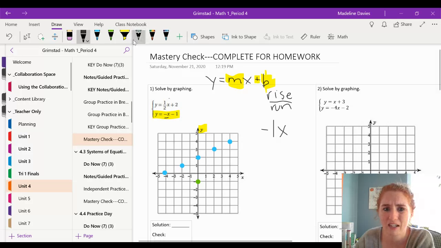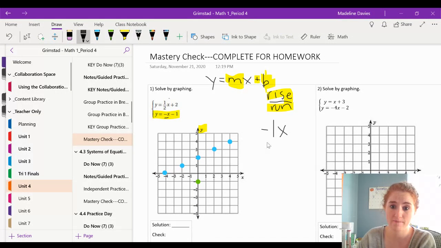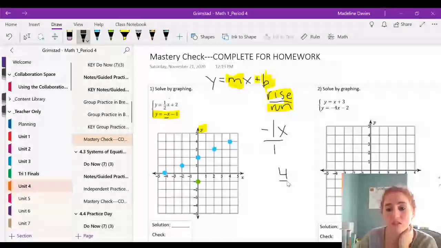But we still have an issue because I need rise over run, and right now I only have one number, -1. To make any number a fraction, you just divide it by 1. So if I had the number 4, I would just divide it by 1. If I had the number 2, I would divide it by 1.